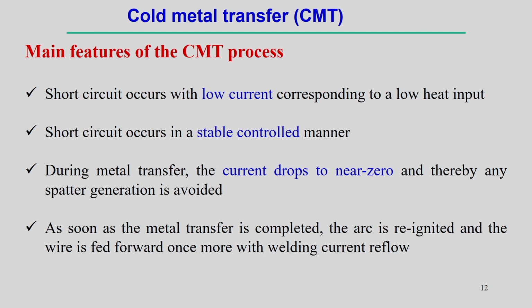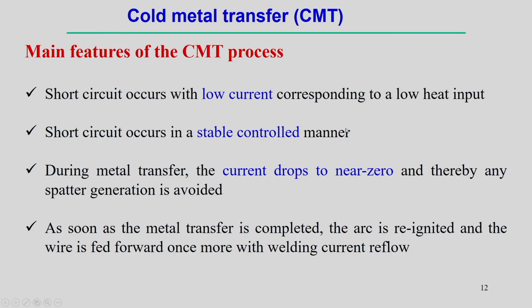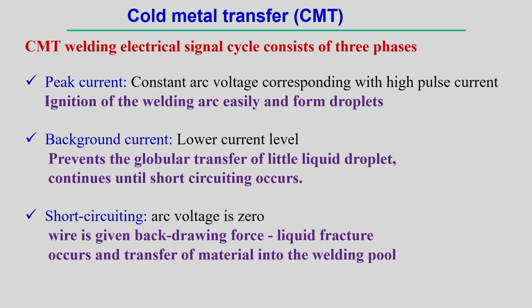Then the current flow restarts and there is again creation of a droplet. Once it touches the workpiece material, the wire is retracted back such that the droplet is transferred to the workpiece. This process is repeatedly followed at a particular frequency in the cold metal transfer mechanism. These are the typical features of cold metal transfer, which is different from the metal transfer in the gas metal arc welding process.